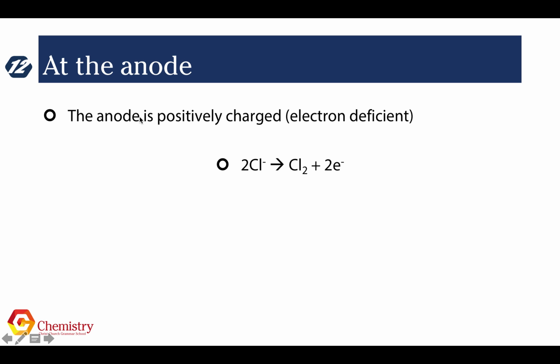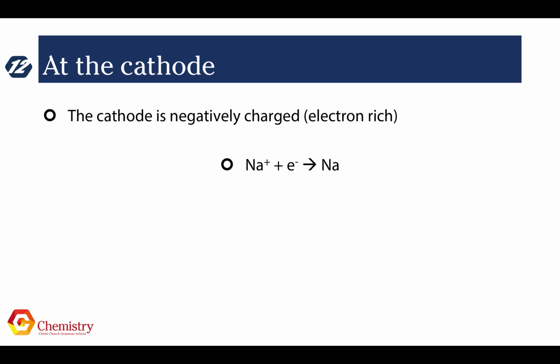Now that's the opposite of in a galvanic cell. So the two chloride ions produce chlorine gas and 2 electrons. And then at the cathode, which is electron rich, the sodium ion is going to pick up an electron and it's going to produce sodium.